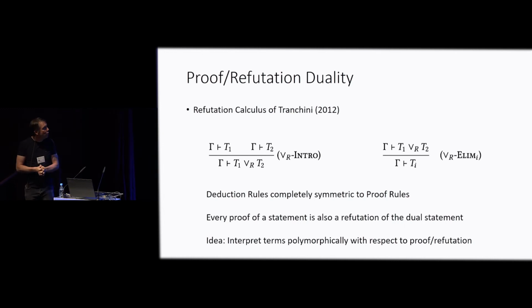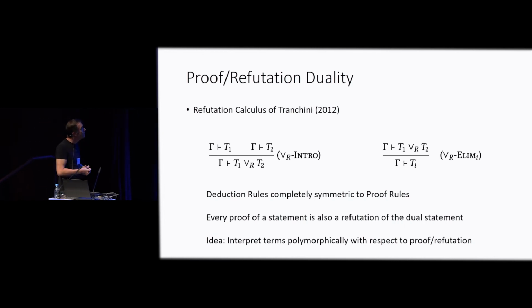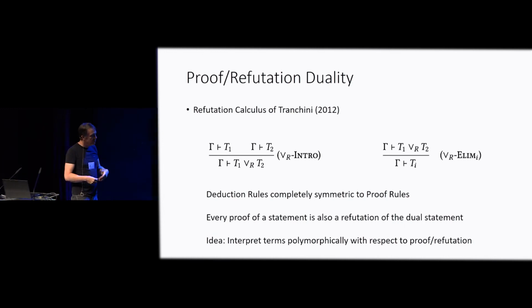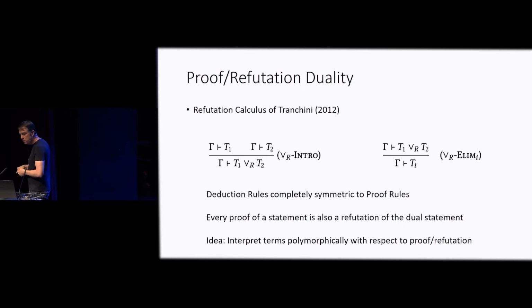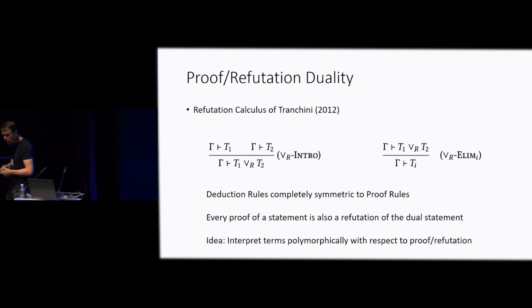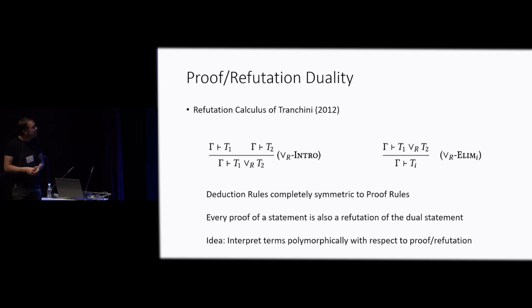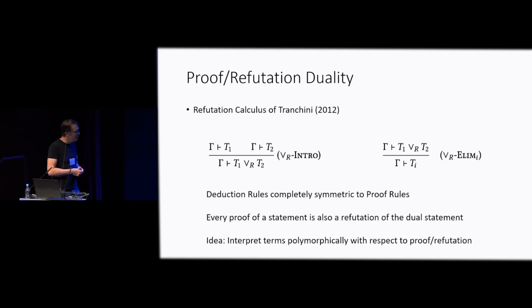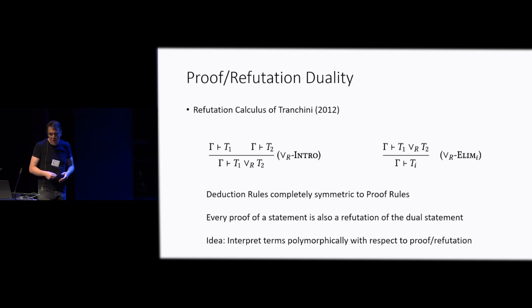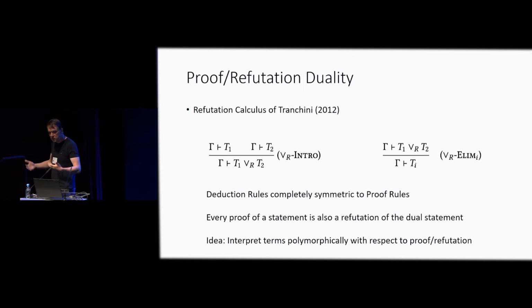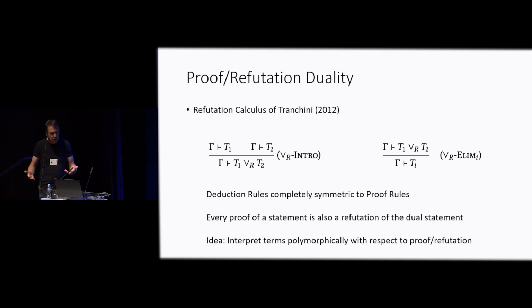Another main point of our paper is the usage of what we call the proof refutation duality. The basis of this duality is a paper from Luca Tranchini from 2012, which is a kind of natural deduction style calculus.